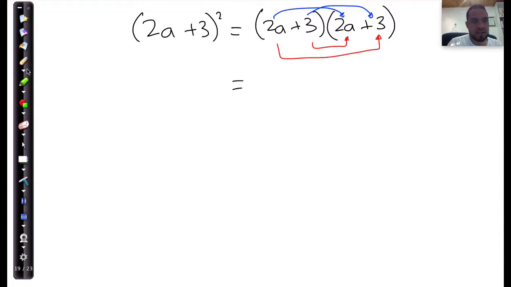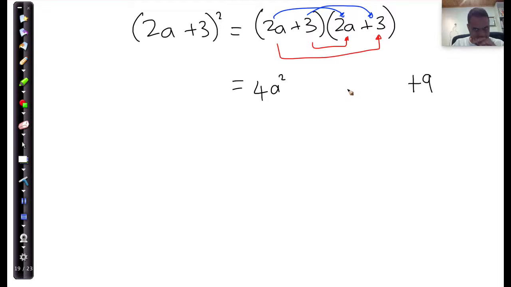Okay, so let's look at this. 2a times 2a is actually 4a squared, because 2 times 2 is 4 and a times a is a squared, and positive times positive gives me a positive number. Then 3 times 3, which you can see I'm writing at the back, the last one is going to be positive 9.